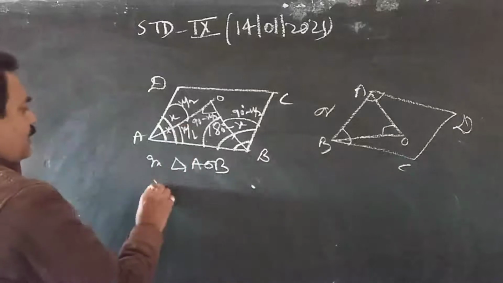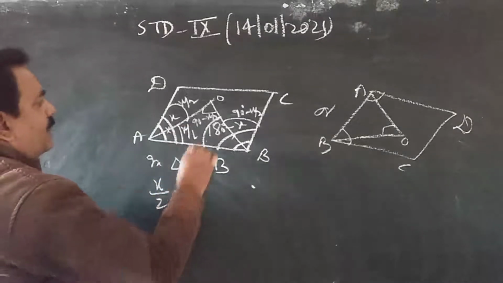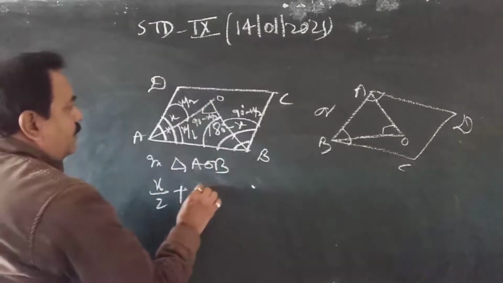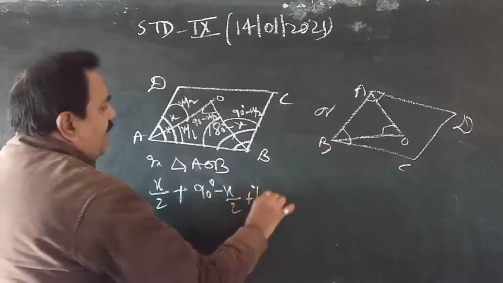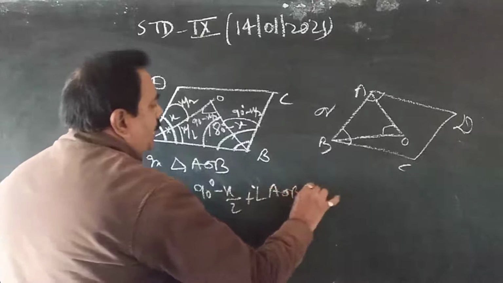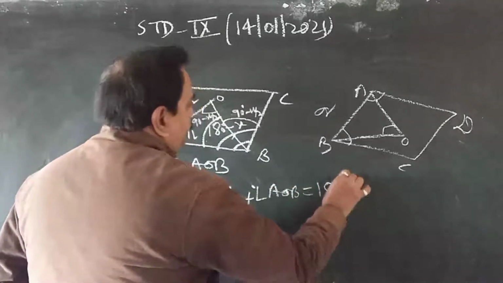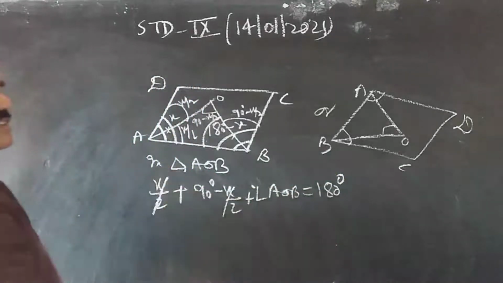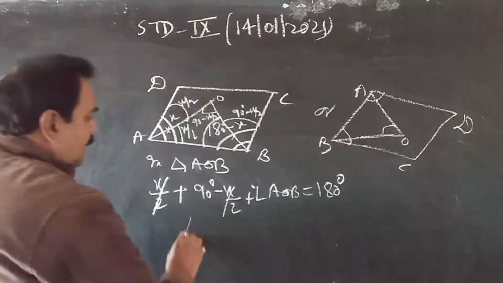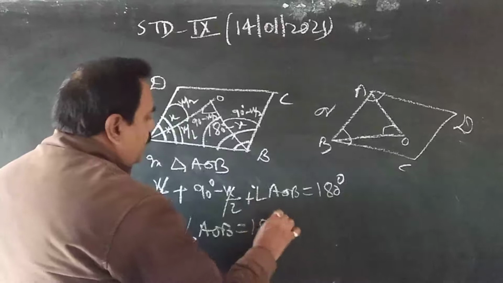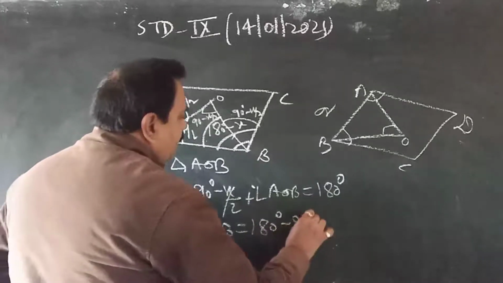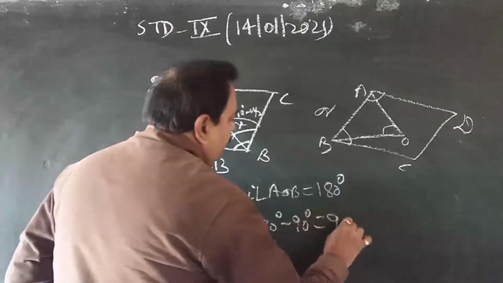So angle A is x by 2 plus angle B is 90 degrees minus x by 2 plus angle AOB equals 180 degrees. So x by 2 cancels. So angle AOB is equal to 180 degrees minus 90 degrees, that is equal to 90 degrees.